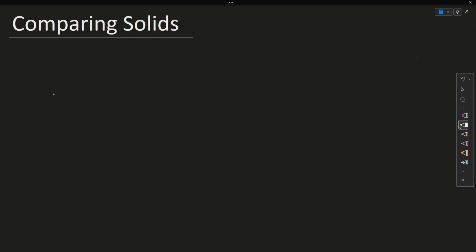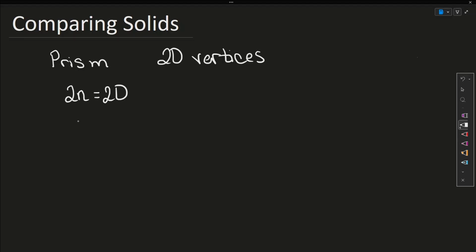Now, let's revisit some of the reasoning questions from earlier, because these are the kinds of problems that help students notice structure. Let's suppose a prism has 20 vertices. For a prism, we should have 2n vertices. So this tells us that our n is 10.